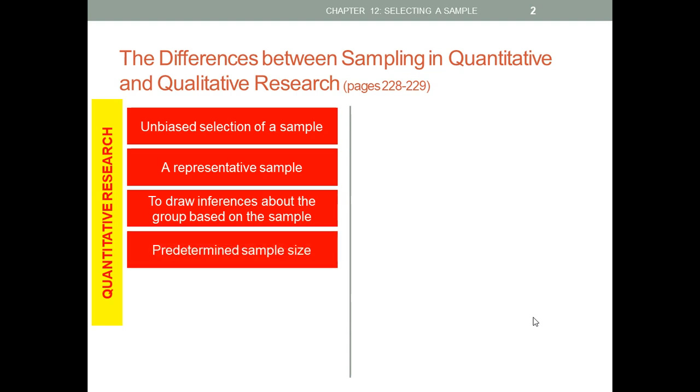Another key consideration has to do with the predetermined sample size. A quantitative researcher has already decided in advance how many respondents she is going to contact and collect the data from.